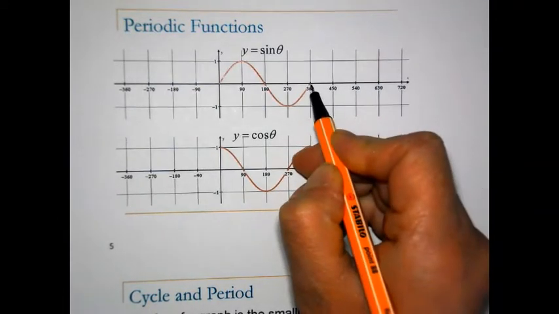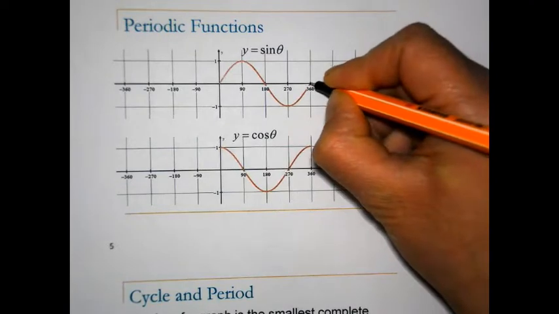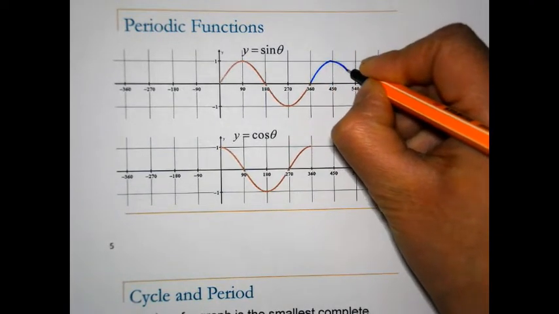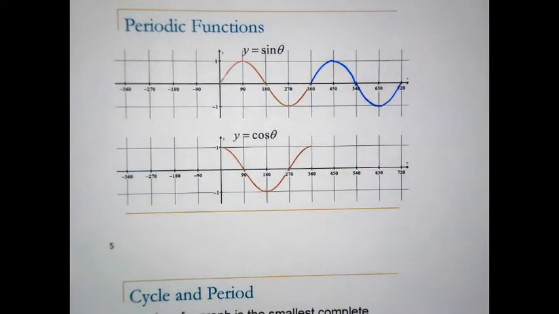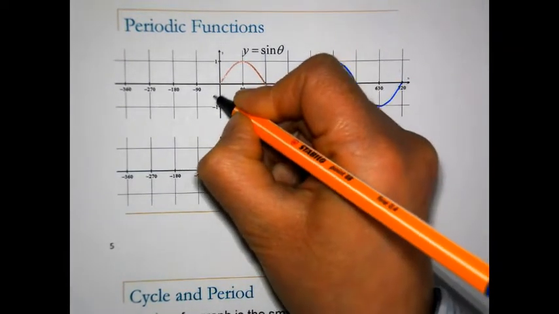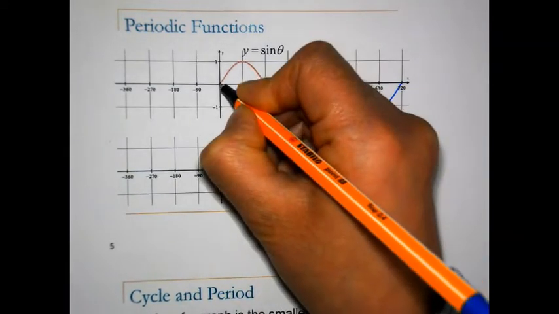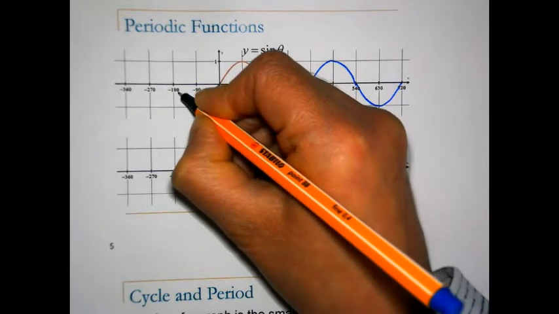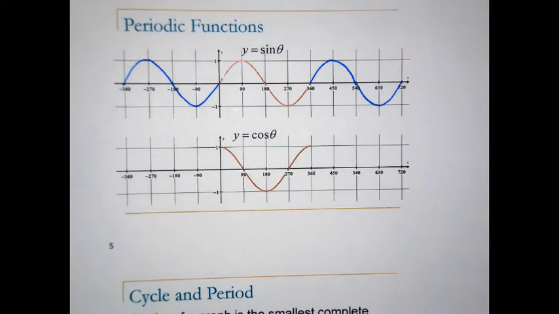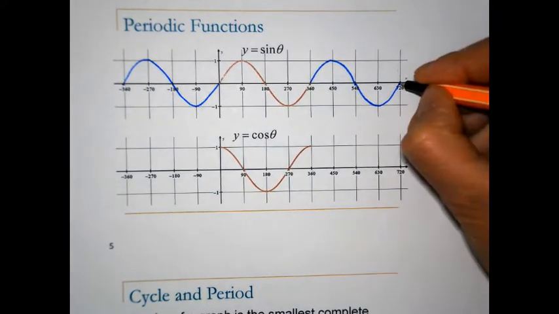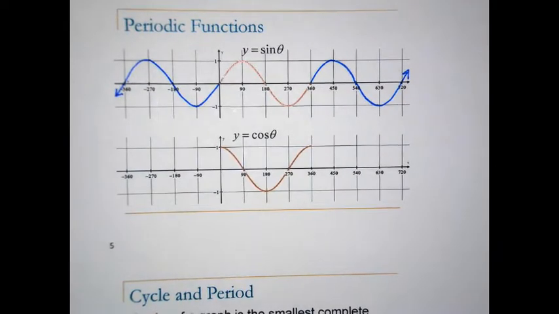But if we go from 360 to 720, again the same pattern is going to happen. And if we go to negative angles, like we rotate clockwise, again the same pattern will happen. And this will continue both ways to infinity.